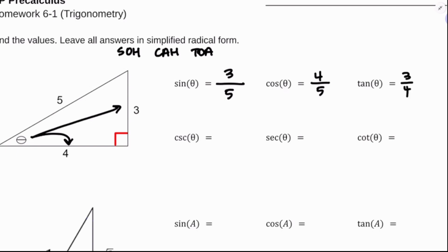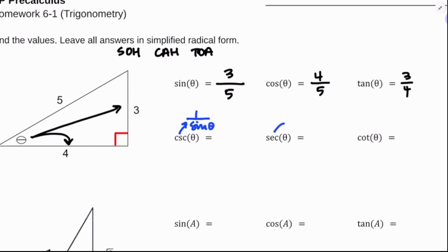Okay, now what you need to know is that cosecant, secant, and cotangent are friends of sine, cosine, and tangent. They're the reciprocals. Now secant and cosecant, those don't work the way you'd expect. What you need to know is that cosecant of theta is 1 over sine theta.